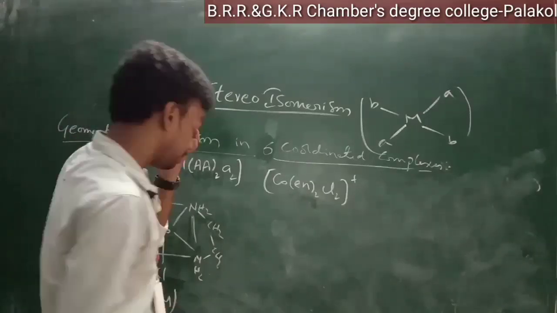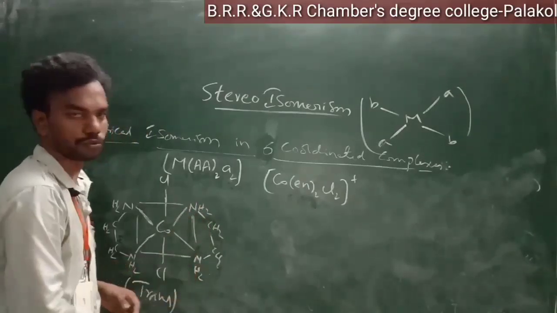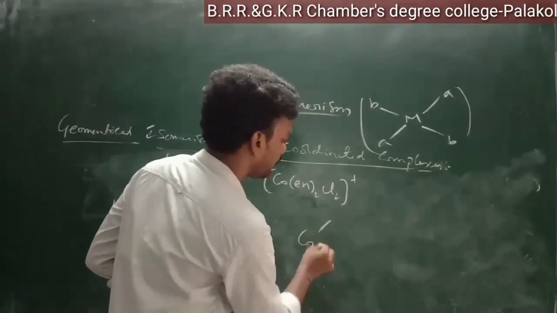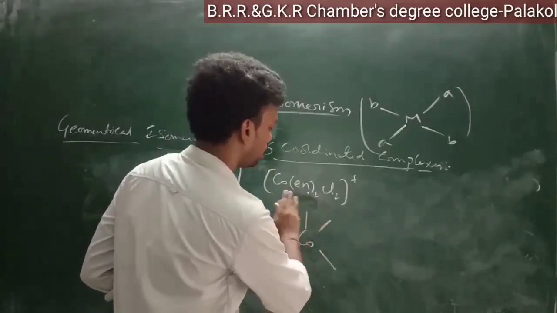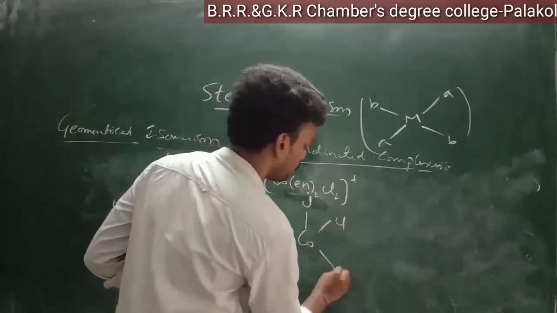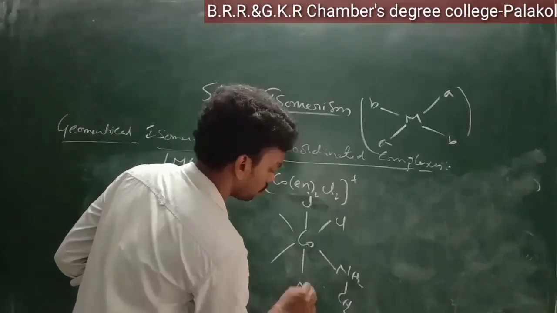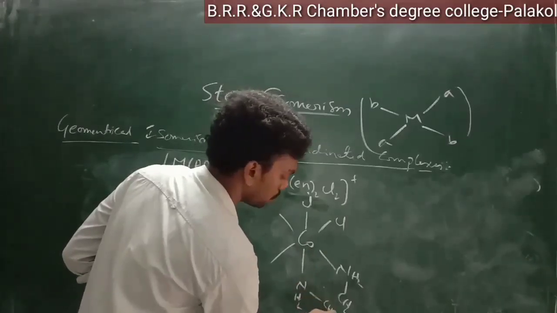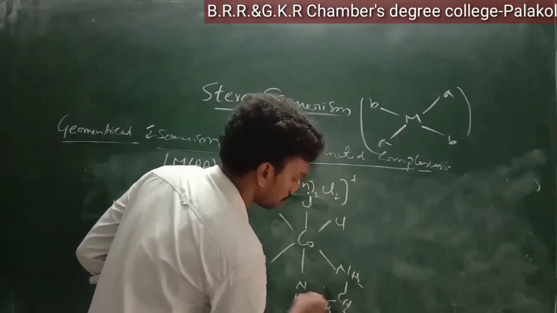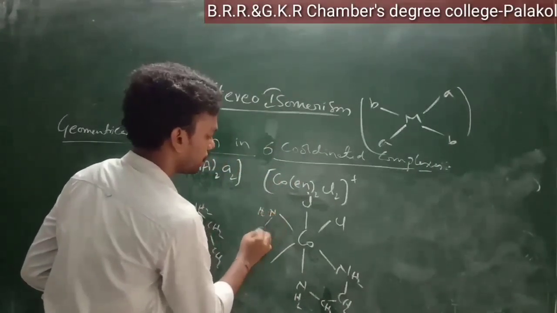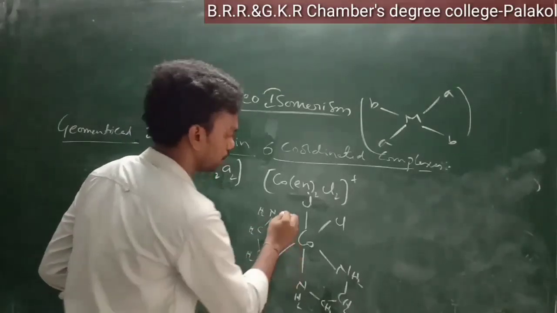Okay. Next, if you interchange these two ligands, here you are getting another isomer, that is Cl, Cl, NH2, CH2, NH2, CH2, and NH2, CH2, CH2, NH2.